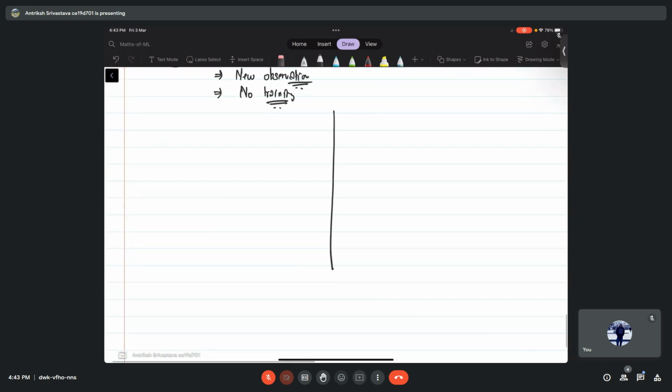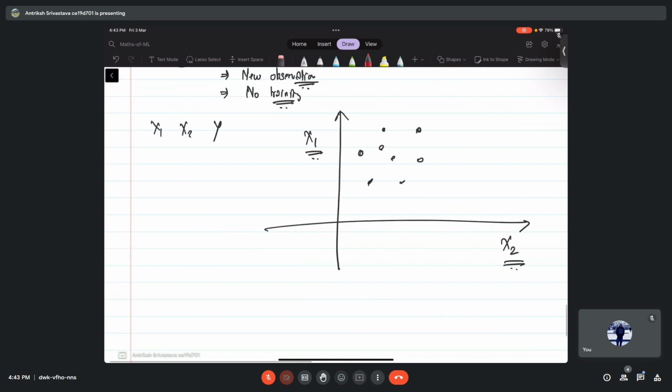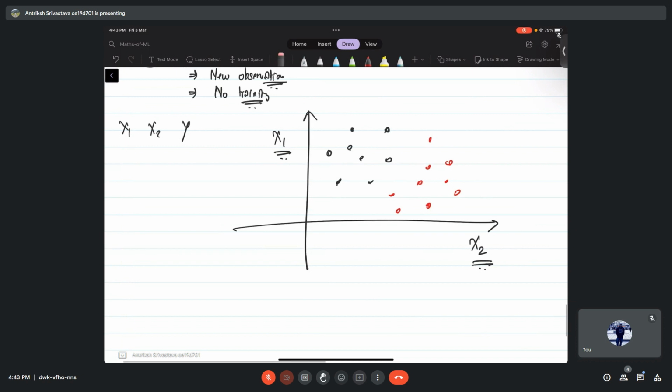So in the feature space, let's say you have x1 and x2, a two feature classification where you have x1, x2, and y is the label. So you have some points, right? Some black points, and let's say some red points. Now I say that here is a point with no color. Now I want to know whether it belongs to the group of red points or the group of black points.